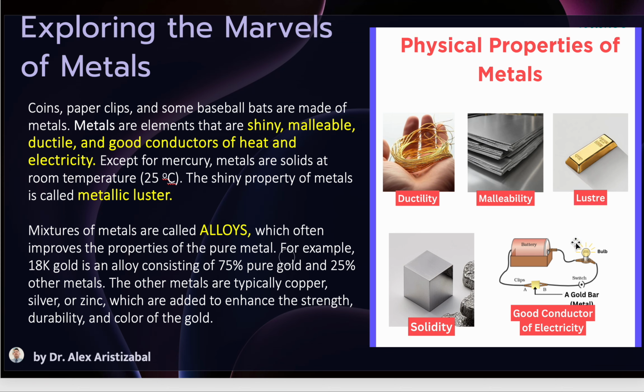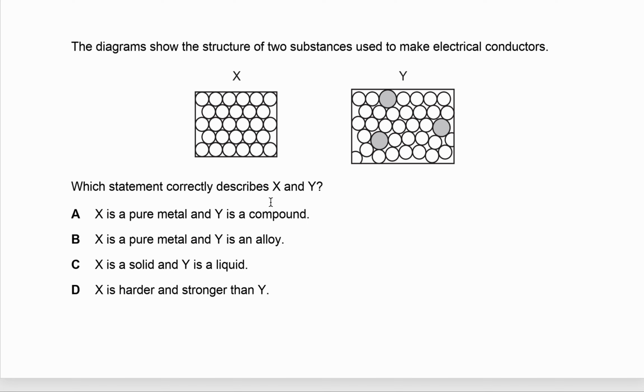And they are very good conductors of heat and electricity. That's why they are used for wires, they are used for pans, they're used in engines, so they're also highly resistant. So metals have really very important applications.